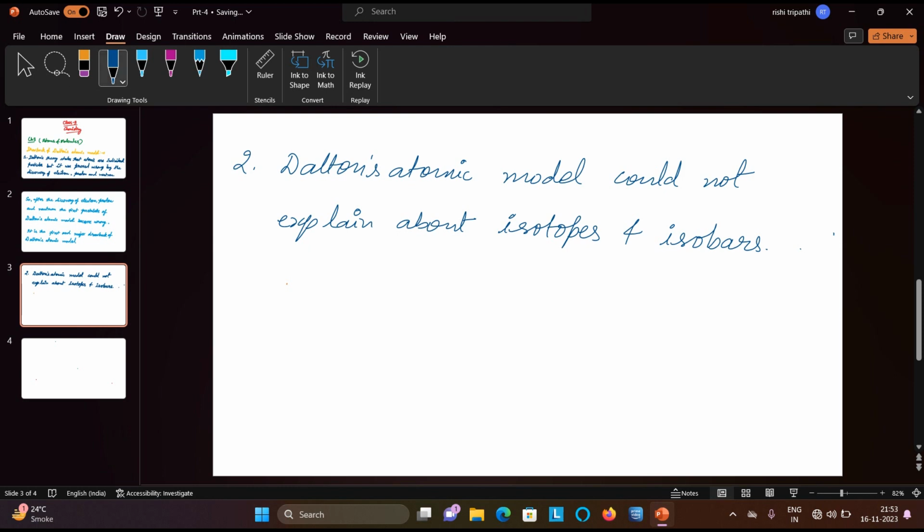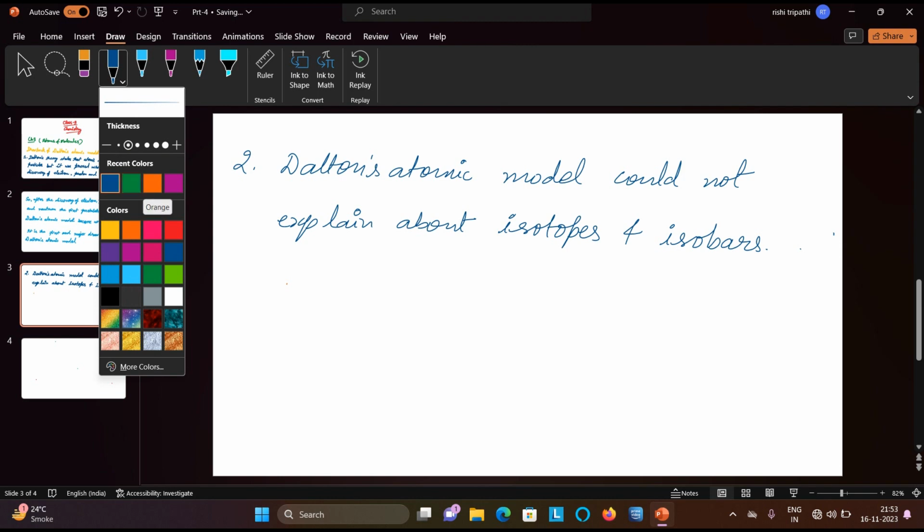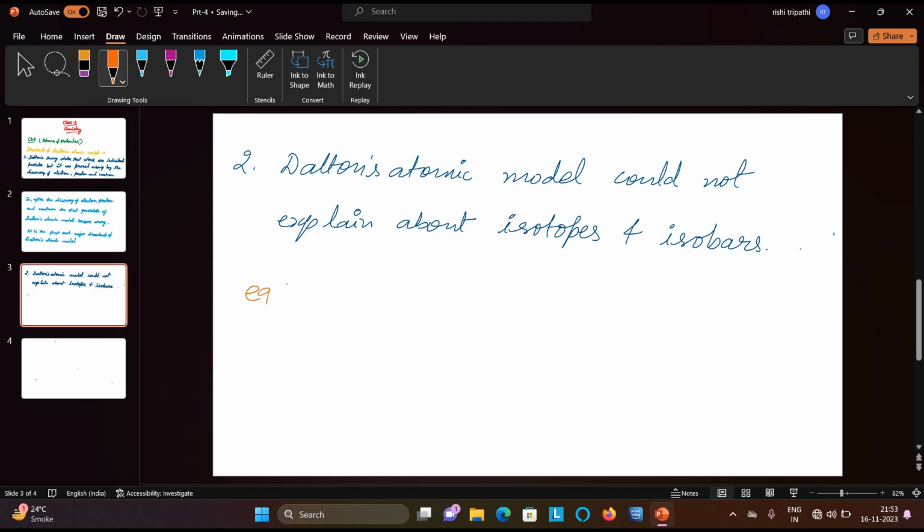For example, if we consider the isotopes of hydrogen, which are 1H1, 1H2, 1H3, protium, deuterium, and tritium, here you find atoms of the same element have different masses.